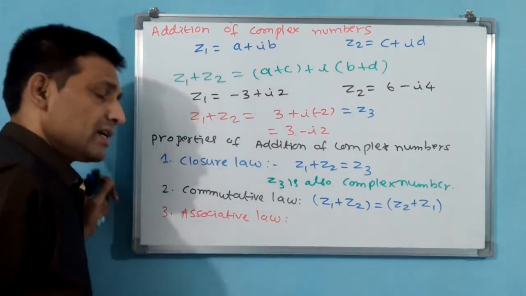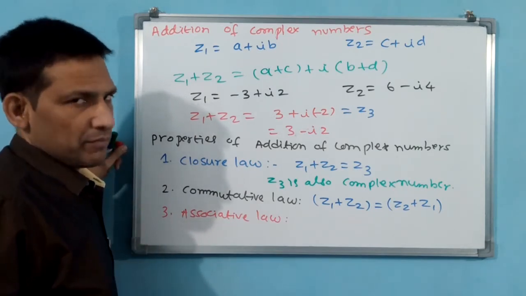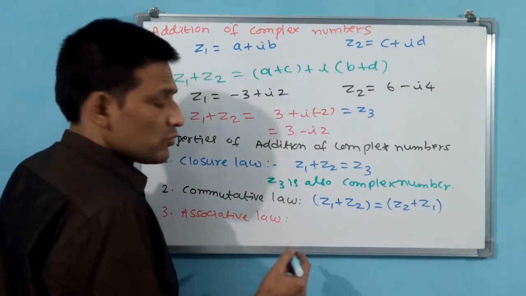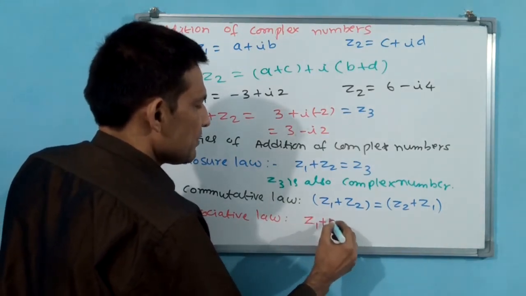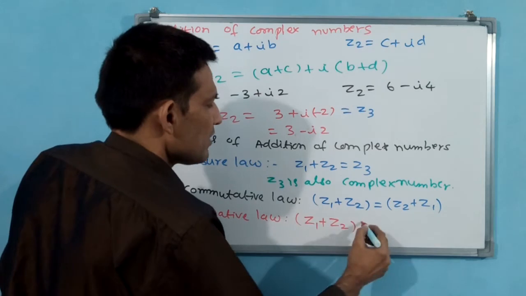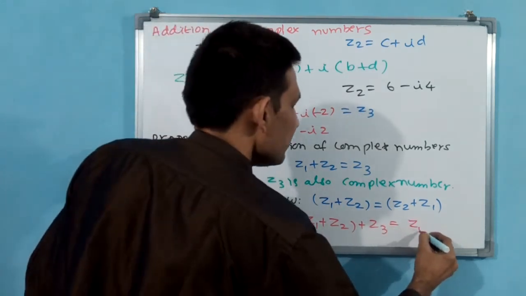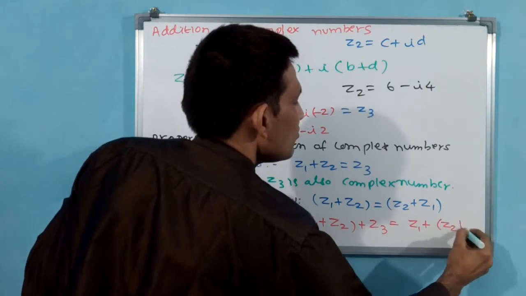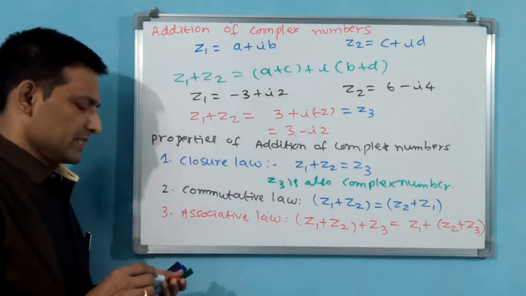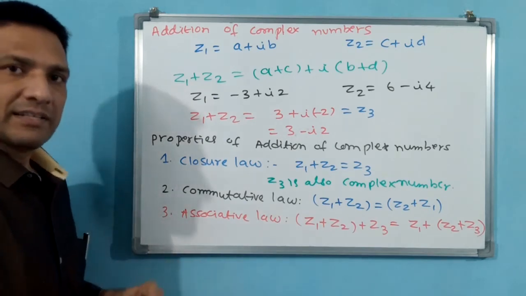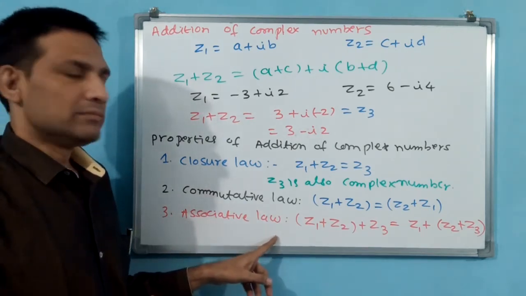For associative law, you require three complex numbers. How to represent associative law?